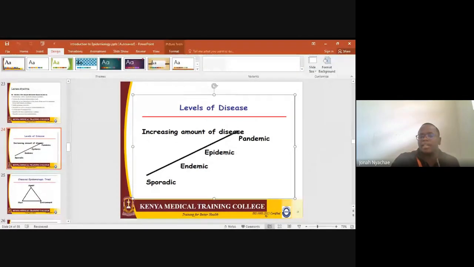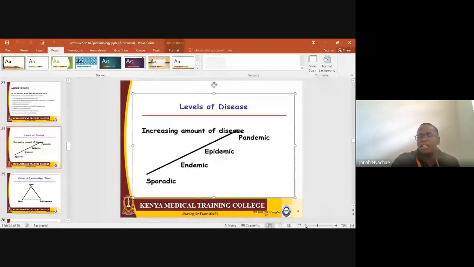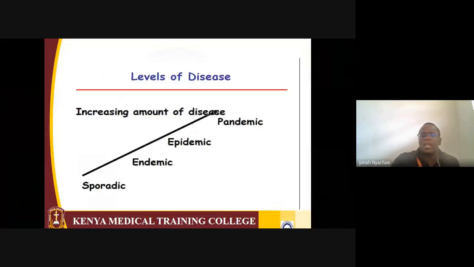So a disease can start occasionally in a particular area, like the way she has told us, tetanus or even polio, where it can start in a particular area. And then if the epidemiologists don't take action or you do not report, because there are those diseases which we classify as notifiable diseases, so maybe you don't notify the county, the sub-county, and then it starts to increase gradually.